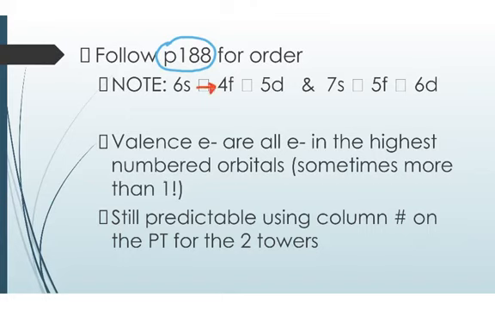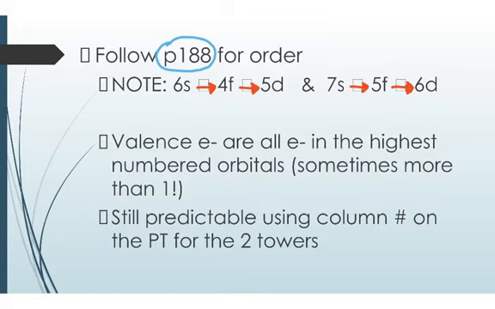We go into 4F and then 5D, so that's one set of detours, and then the 7S detours to 5F and then back up to 6D. Now, right now, without a whole lot of context, we don't have a whole lot of concept of what I'm talking about, but we'll see this come into play a little bit later on.